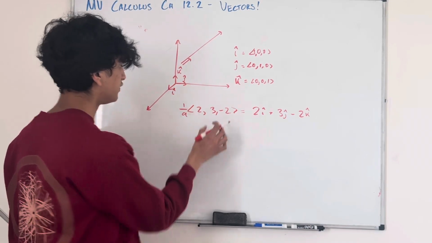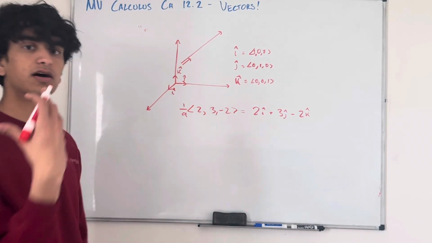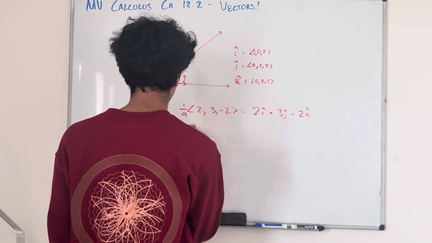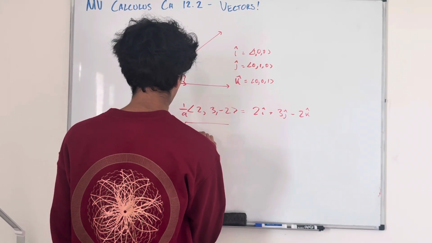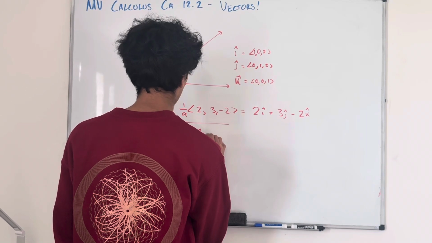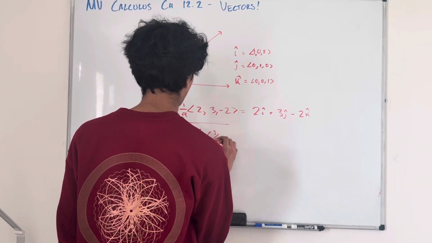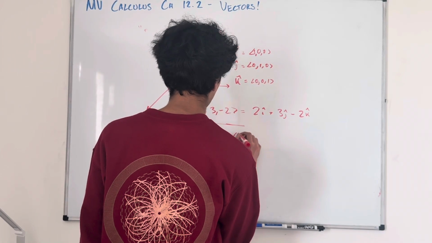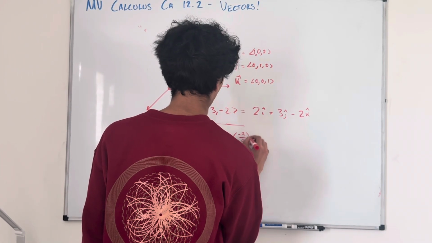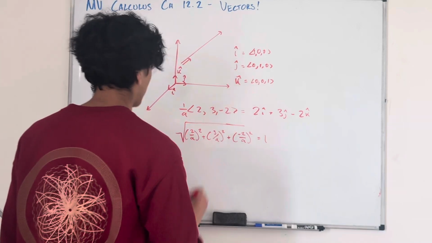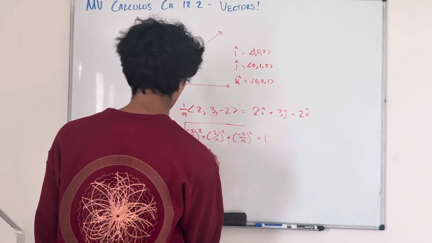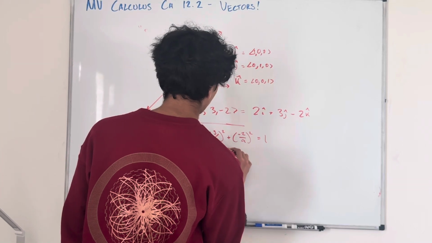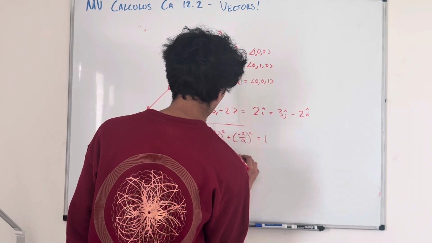You have to reduce these components so that when you take the magnitude, it will end up equaling 1. So if you do (2 over a) squared plus (3 over a) squared plus (-2 over a) squared, that needs to equal 1. Well, I get 4 over a squared plus 9 over a squared plus 4 over a squared will equal 1.